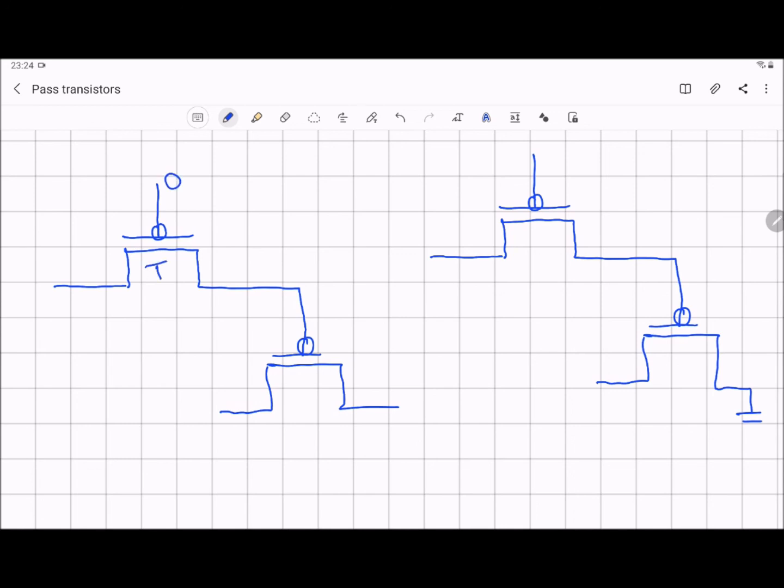The gate terminal of transistor T1 is connected to 0 volt, and on the input terminal we have applied 5 volt. So at the gate capacitance of transistor T2 we are going to store 5 volt, and let us assume that we are applying 5 volt here also as an input.